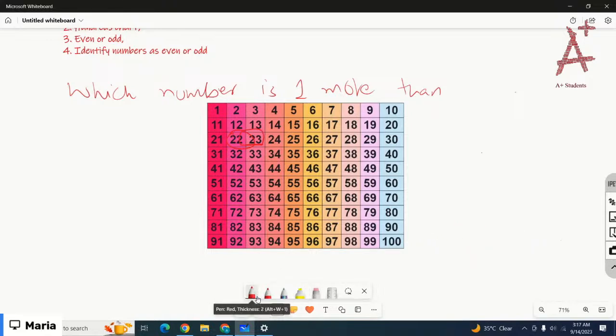First of all, you have to find 86 on the number line, right? Here is 86. One more means you have to move one square right, right? So when you move one square right from 86 to here, you have 87.